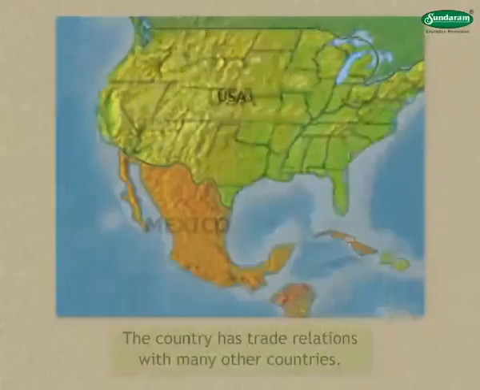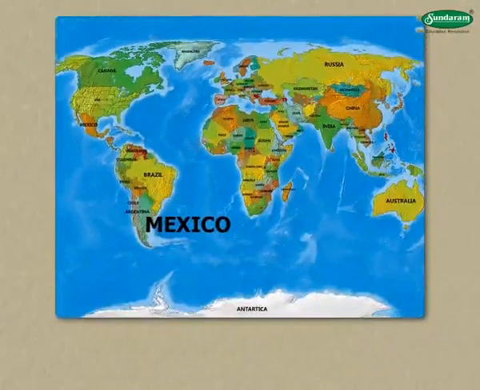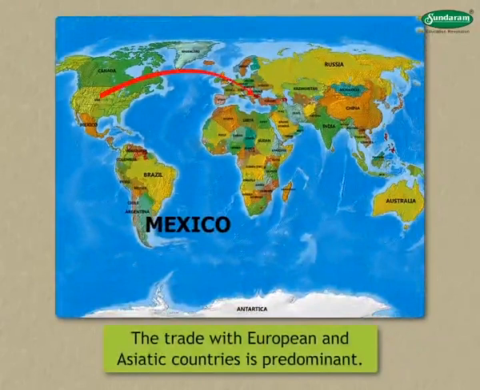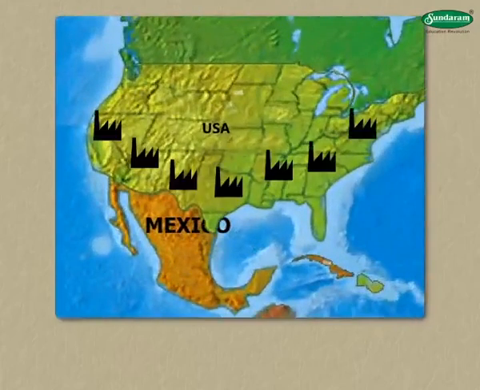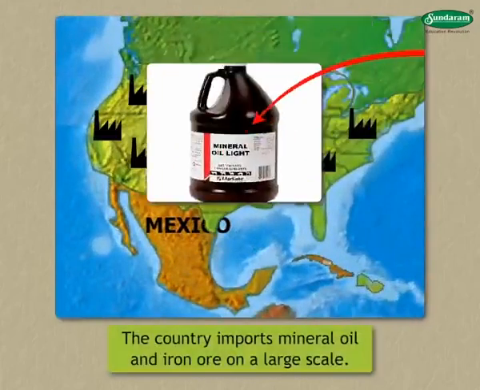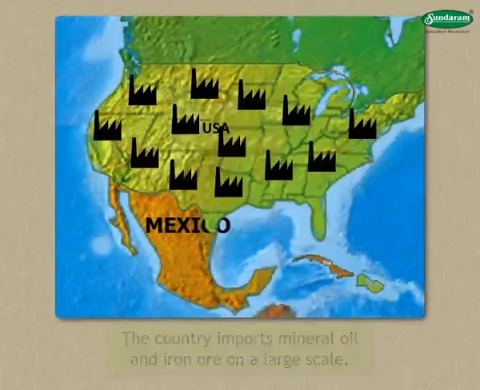Trade. The country has trade relations with many other countries. Within that, the trade with European and Asiatic countries is predominant. To fulfill the demands of the growing industrial sector, the country has to import mineral oil and iron ore on a large scale.